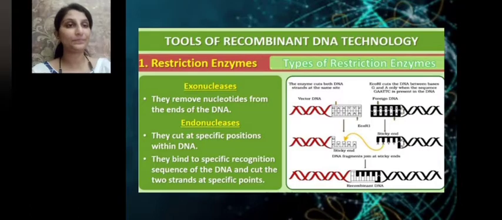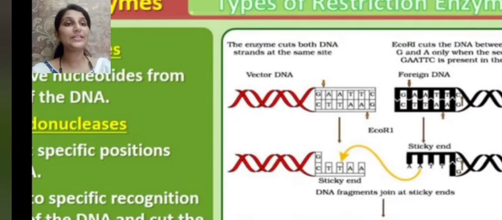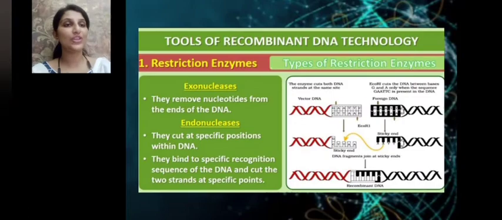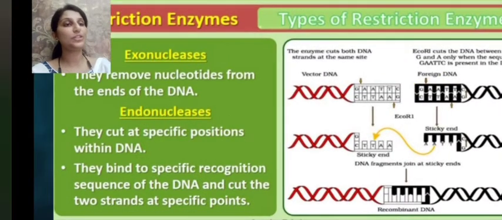For example, in this we can see the vector DNA, which has the sequence GAATTC. Again, on the second strand, which is read in the opposite direction, it is also GAATTC.